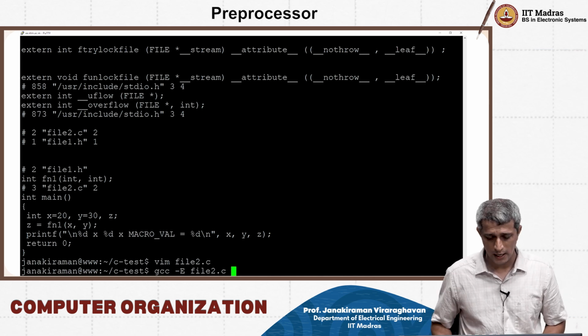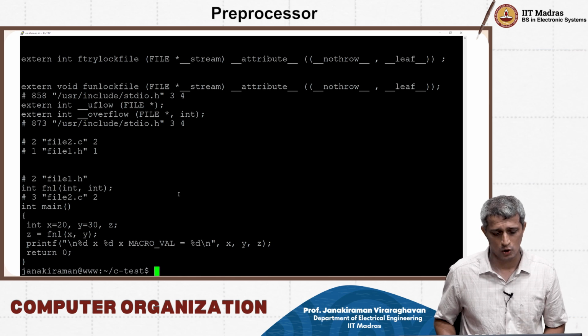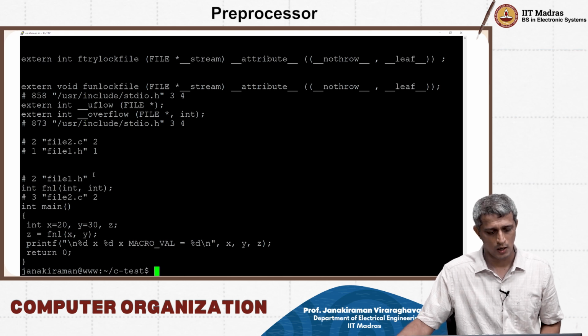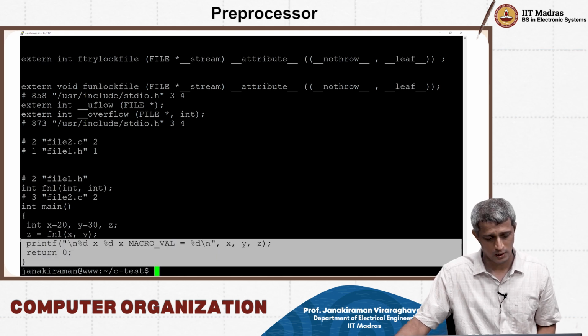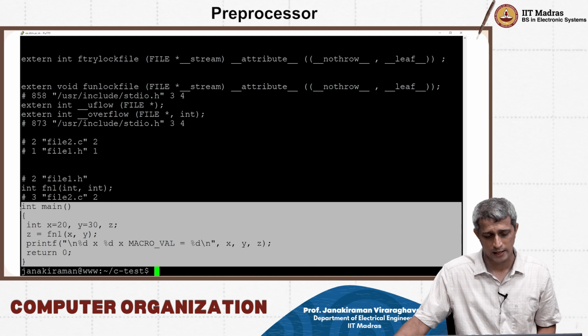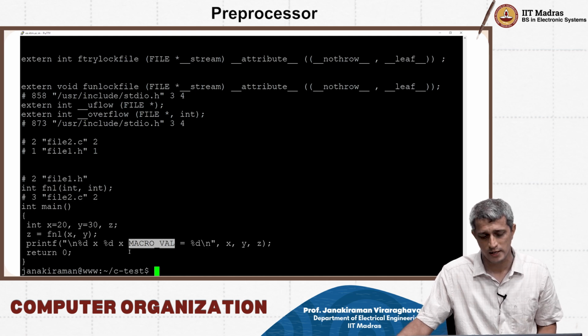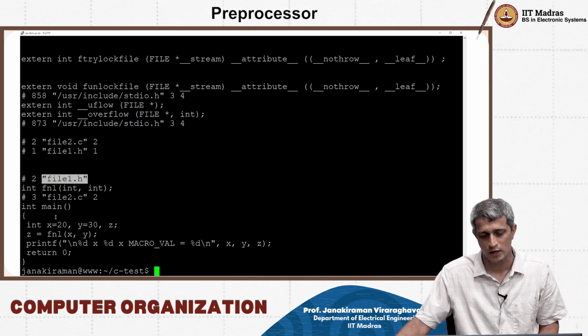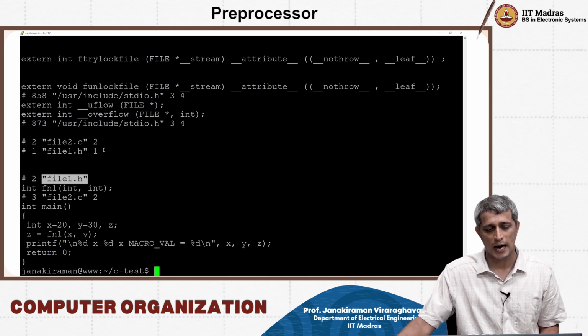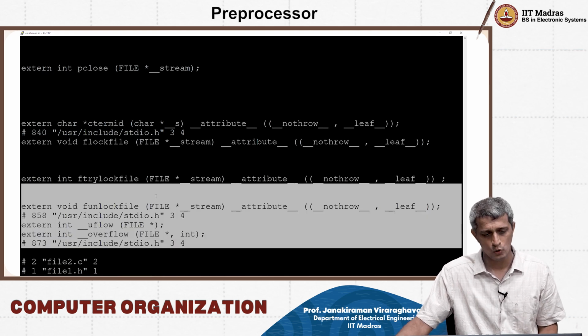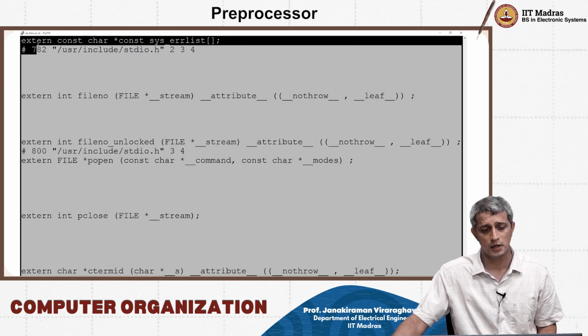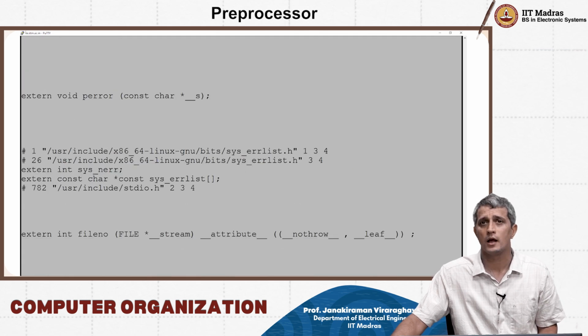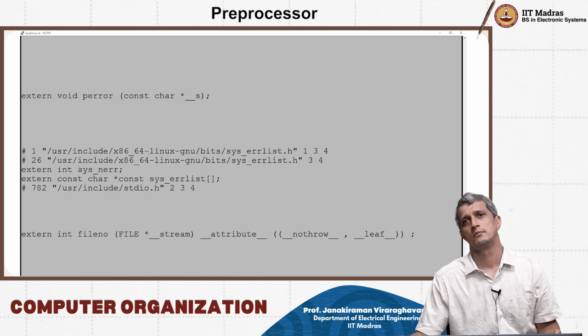So if you look at gcc -E file2.c, you will see, just like the earlier case, int main and so on, see the macro val doesn't get replaced. Then the function declaration has come here. This is what is in file1.h, and then there is a huge amount of data that is dumped from stdio.h.